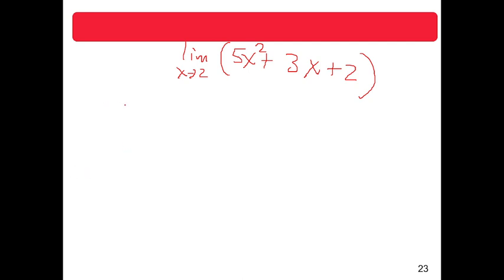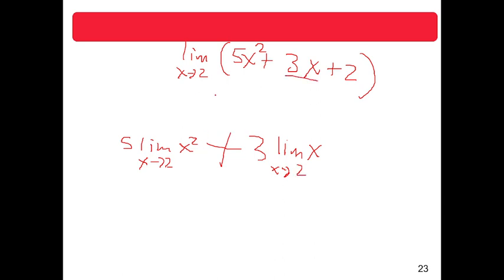Let's try to substitute and distribute it already. For your first term, 5x squared, it would become 5 times the limit of x squared as x approaches 2, plus 3 times the limit of x as x approaches 2.